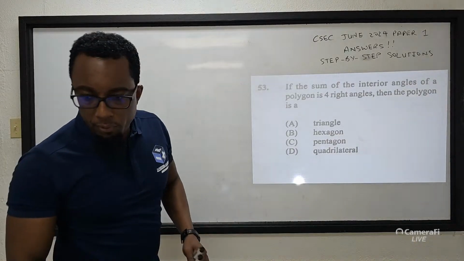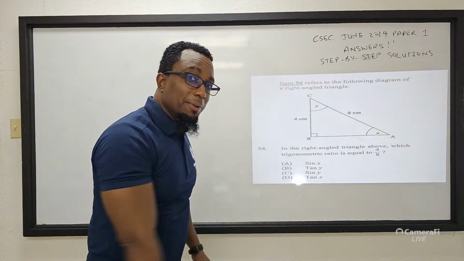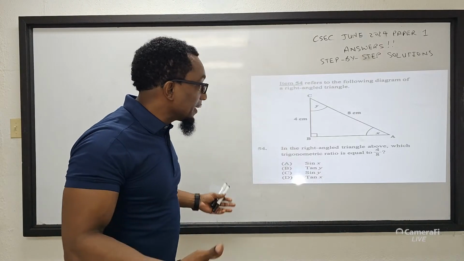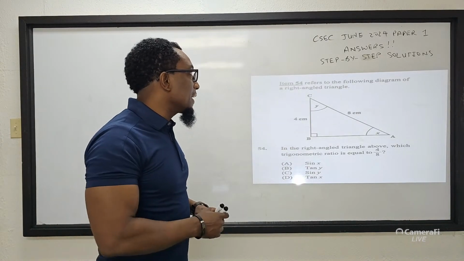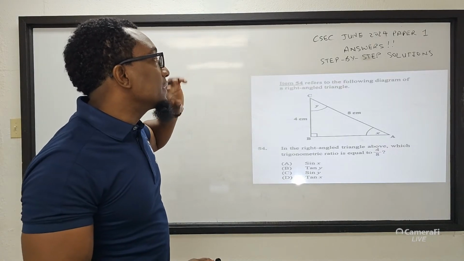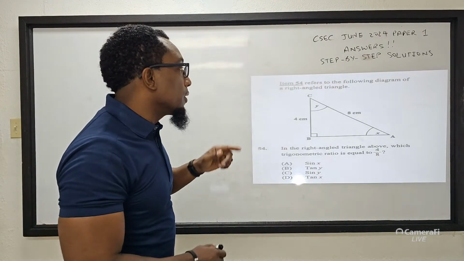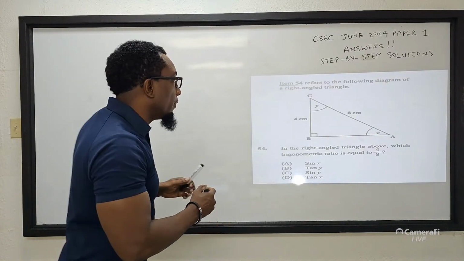Alright, let's look at 54. Again, another review question, another question we looked at before the exam, right? So item 54, refer to the following diagram of a right angle triangle. In the right angle triangle above, which trigonometric ratio is equal to 4 over 8?